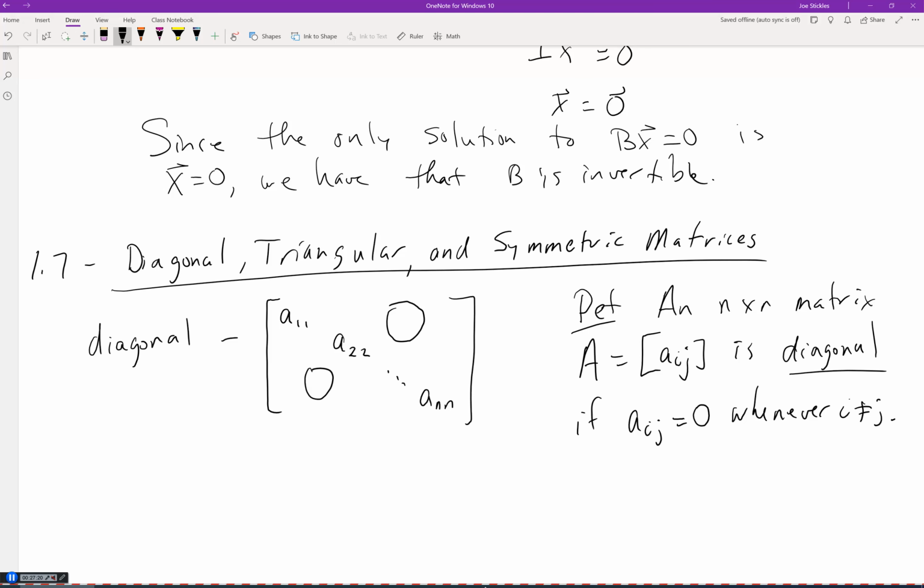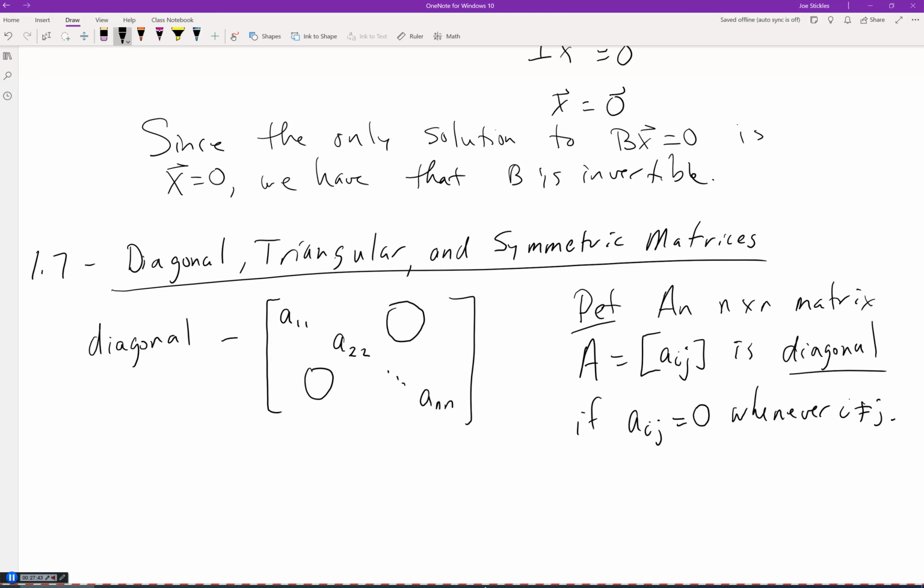Again, thinking about it in terms of the subscripts, the diagonal entries are the ones that have the same subscript, right? So this definition says that if you're not on the diagonal, if the subscripts are different, then the number has to be 0. Okay.